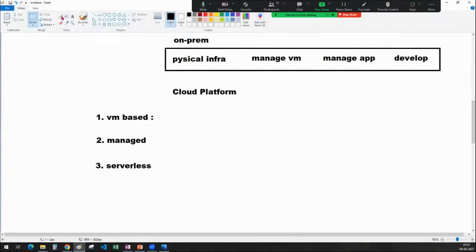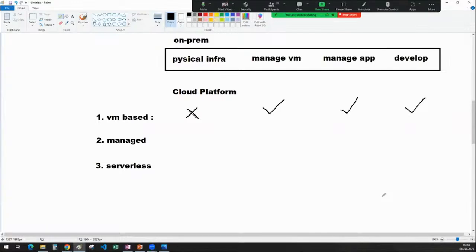In VM based, you need not manage the physical infrastructure, because the physical infrastructure will be provided to you in the form of a virtual machine. In the cloud platform, you need not manage the physical infrastructure, but you have to manage the configuration for the virtual machine. You have to manage your application platform as well as development.